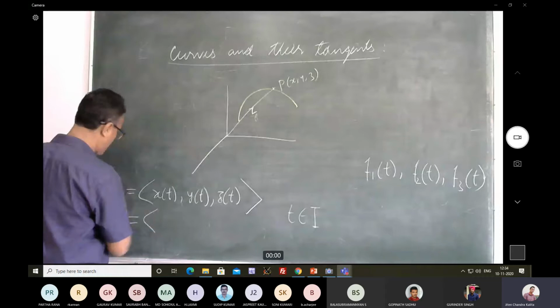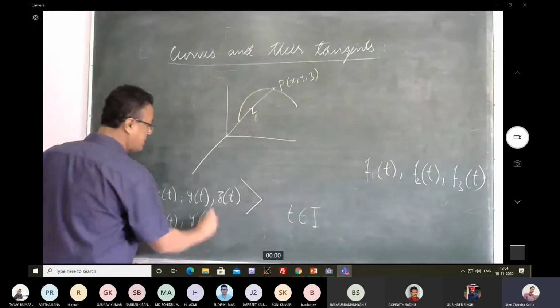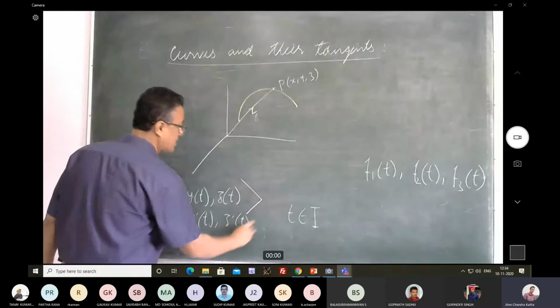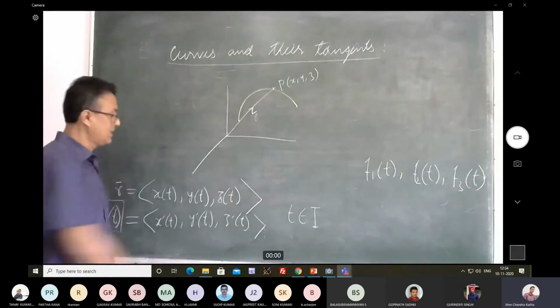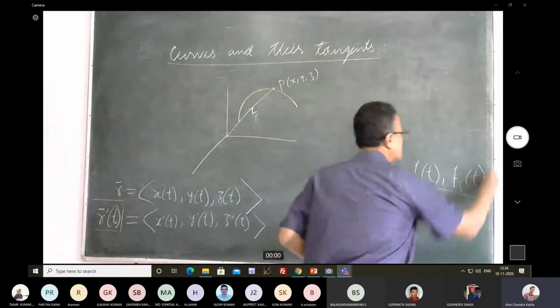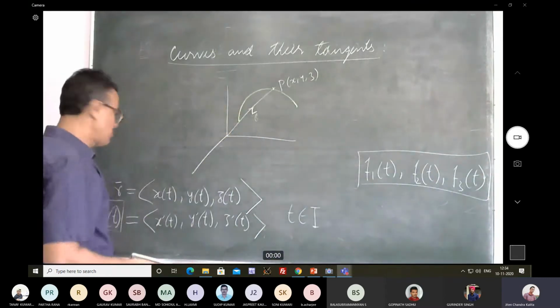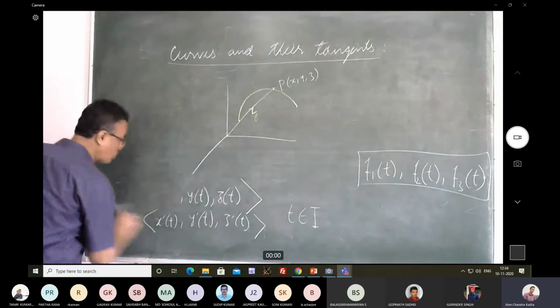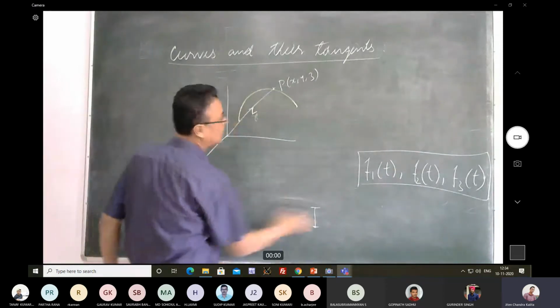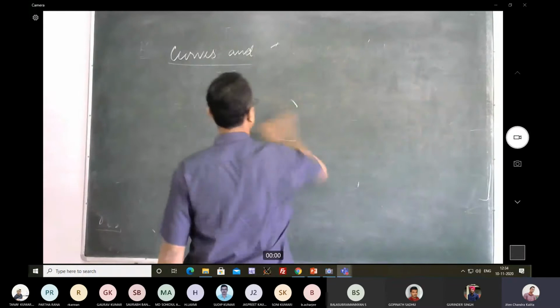But you should also remember that it is very easy to work out, so eventually the derivative can be written in this form. I'll come back to this once again. This is just to tell you that they don't necessarily have to be the position of the particles.